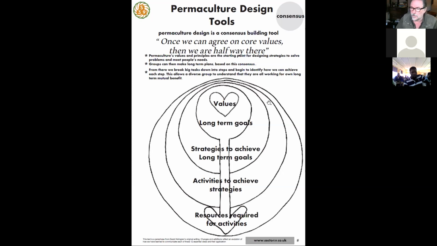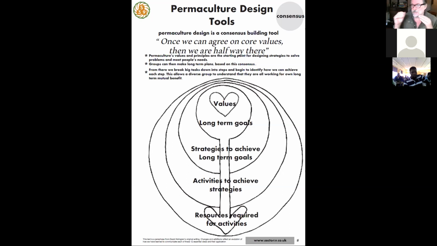Then from this point of consensus, if we can be joined together in our ethics, our values, then we can begin to explore together what might be our long-term goals. Where do we want to be in 10 years' time? What's your objective? What do you hope to achieve over the longer period?